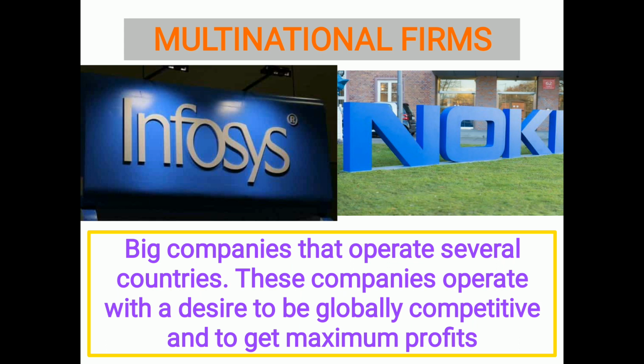For example, Infosys, NIIT, Tata Steel, Nokia, Samsung, Coca-Cola, all these come under the category of multinational firms. So the industries classified on the basis of ownership are public sector industry, private sector industry, joint sector industry, cooperative sector industry and the multinational firms.